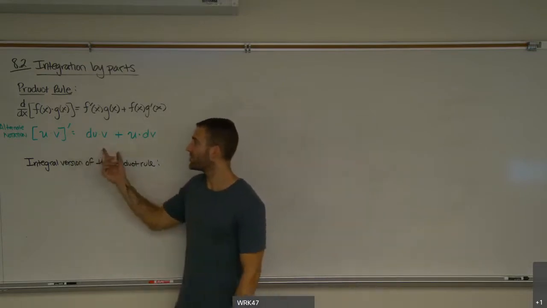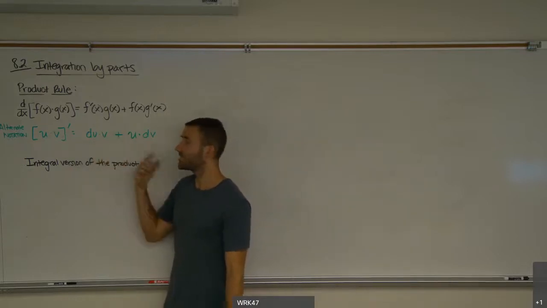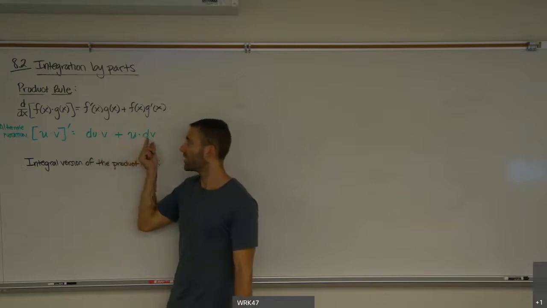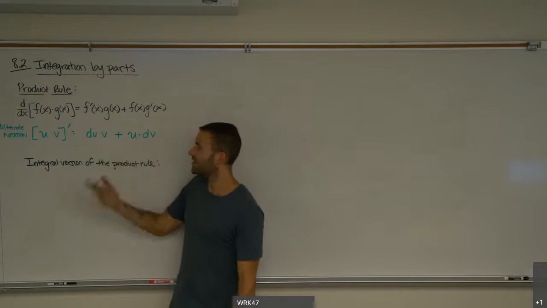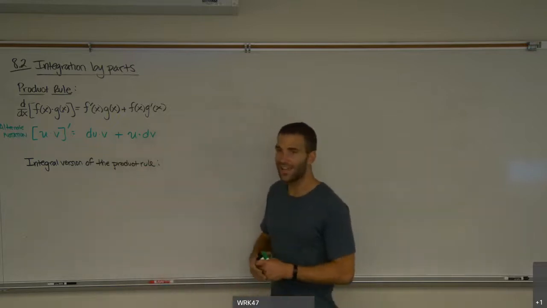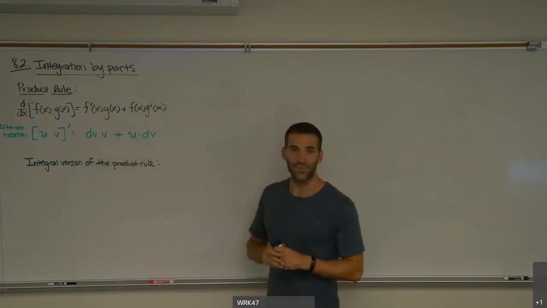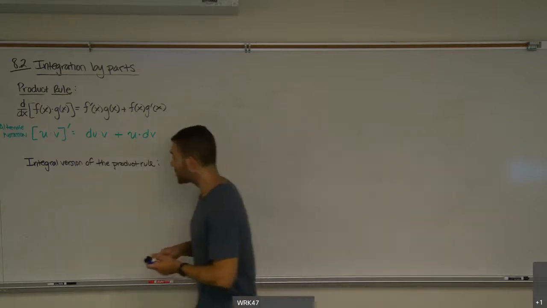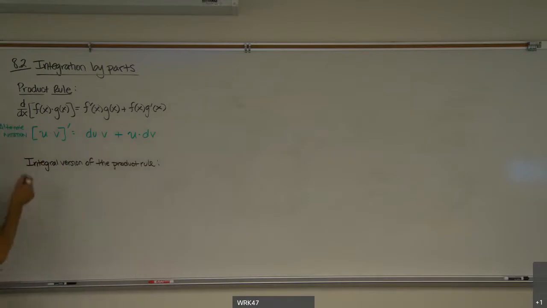Then the product rule says, in differential notation, du times v, the derivative of the u term times the v function, plus u times the derivative of the v function. It's the same exact rule, just a different notation. It'll make it a little more concise when we write down the integral version of this. To get an integral version, I'm going to take my product rule and integrate both sides of this equation. So I'm going to generate something like this.